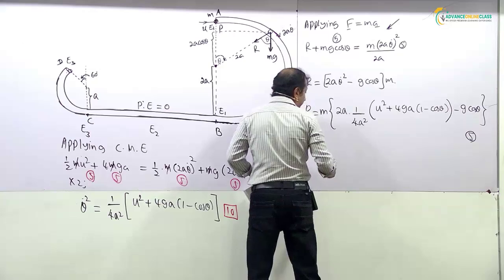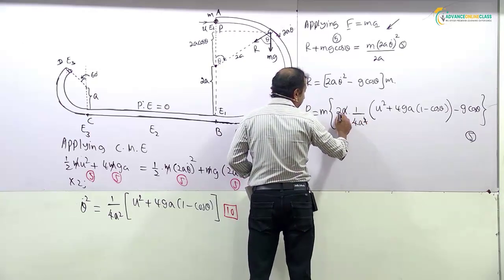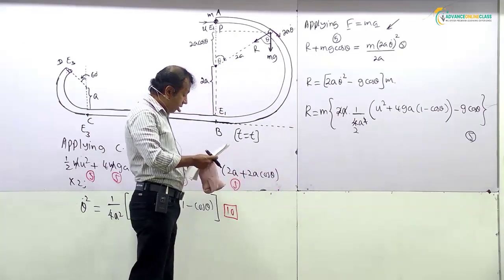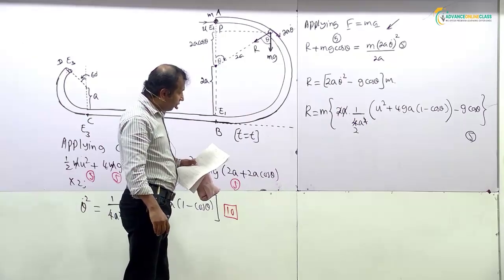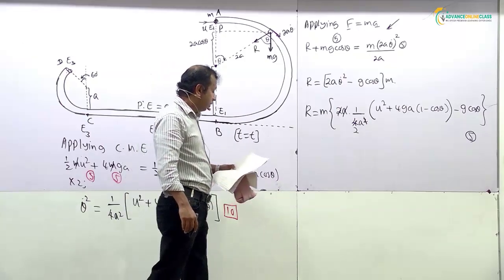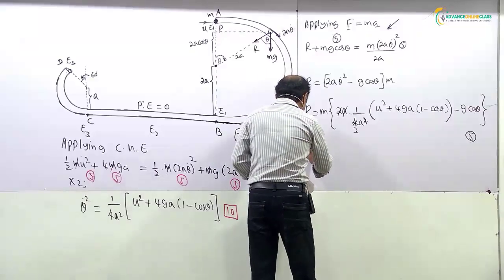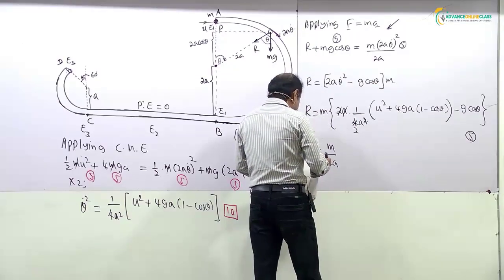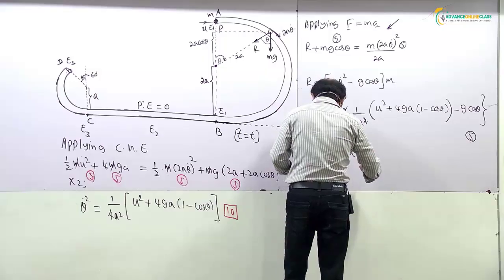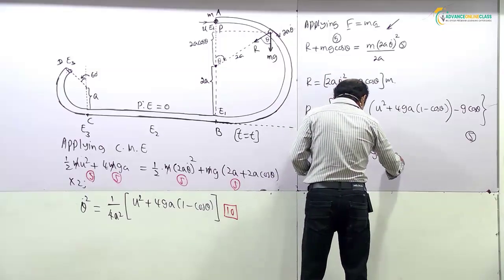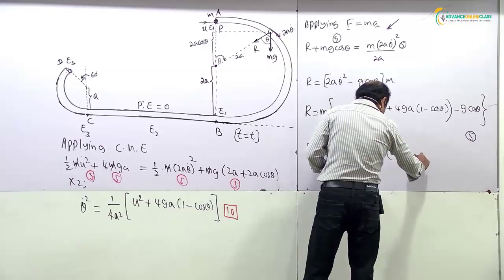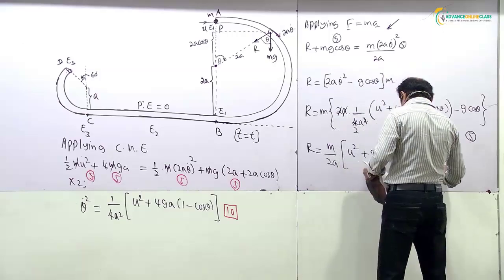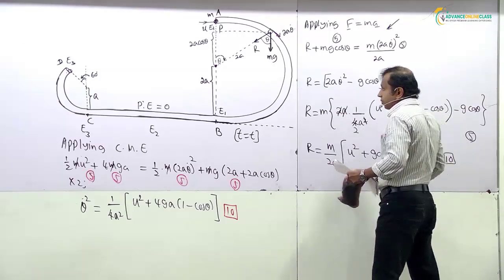Here you can cancel down this a with this a squared, and the 2 and this 4, like this. And we can simplify this further. I'm not going to explain the simplification more. The simplified answer for R is m over 2a within brackets u squared plus ga times 4 minus 6 cos theta. Right. For this, you get 10 marks.